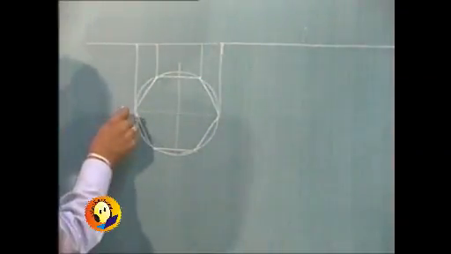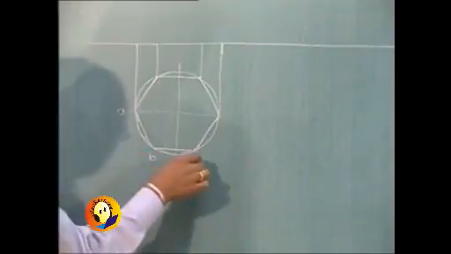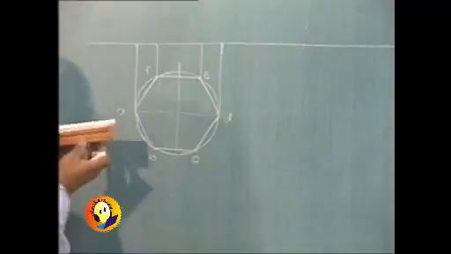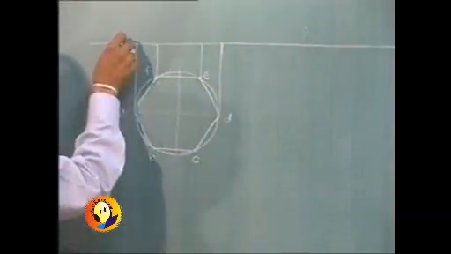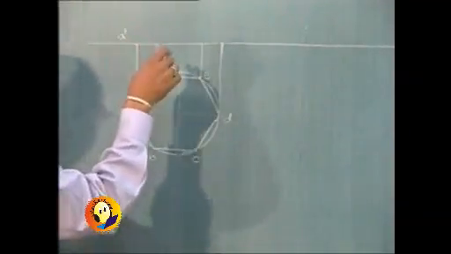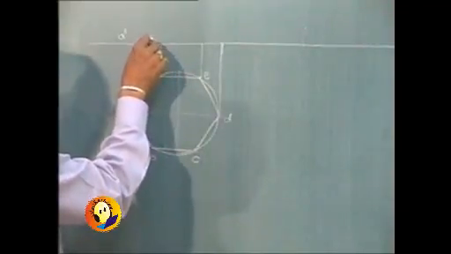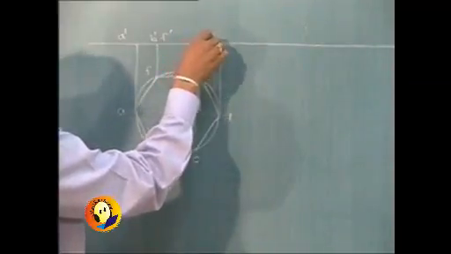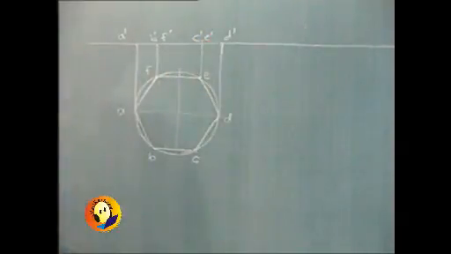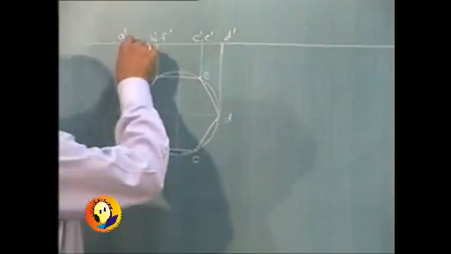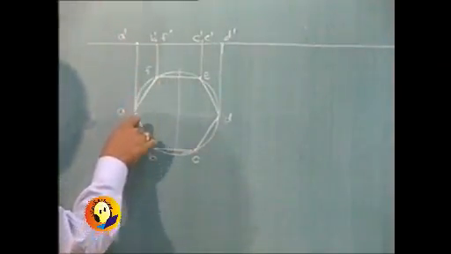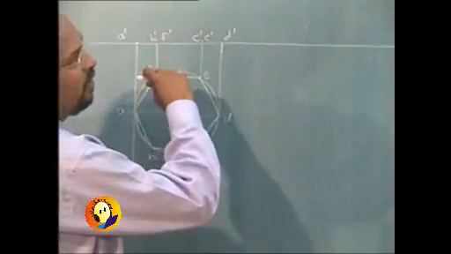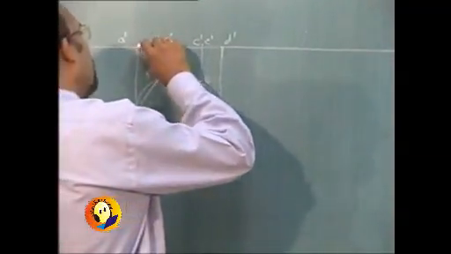Initially, if we name it A, B, C, D, E and F, then the front view will be on XY: A dash, these are points B dash and F dash, this is C dash and E dash, and D dash. Then about A, this is the line of rotation, we will rotate it so that it makes 40 degrees with HP.